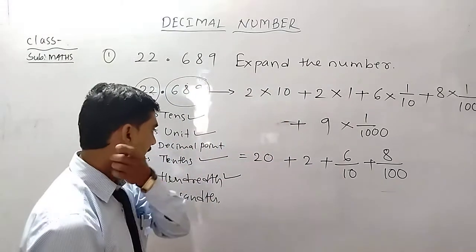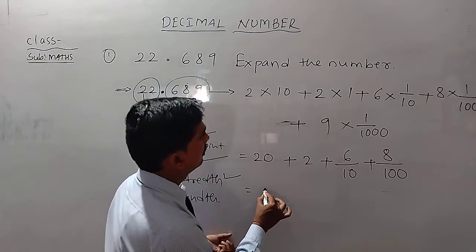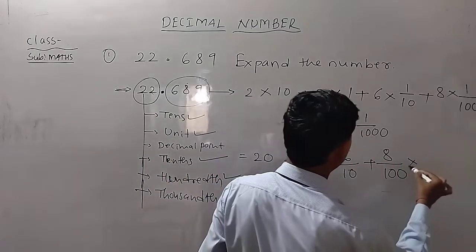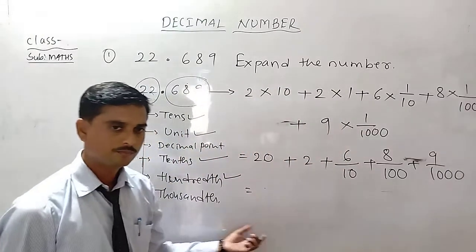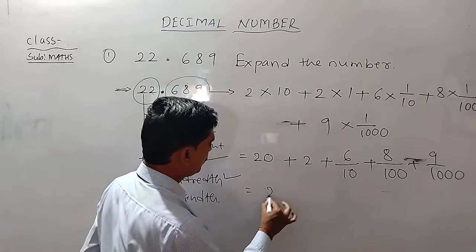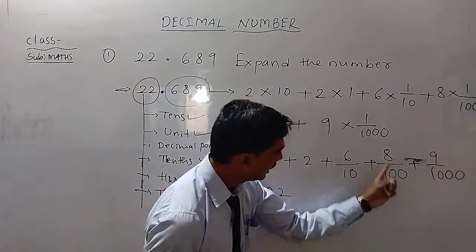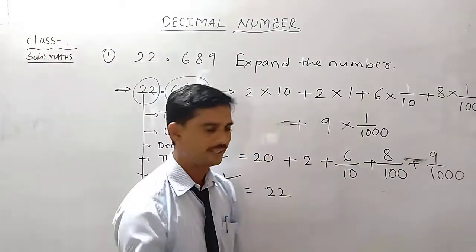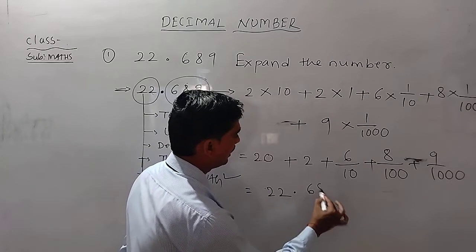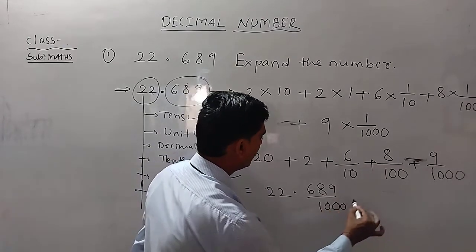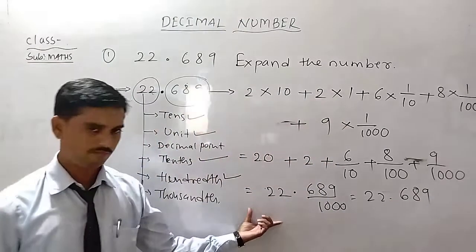Then 20 plus 2 is 22, and another one is plus 9 by 1000. Look here: 6 by 10, 8 by 100, 9 by 1000. Then directly you should keep the point. 689 by 1000, so our answer is 22.689. This is the final answer.